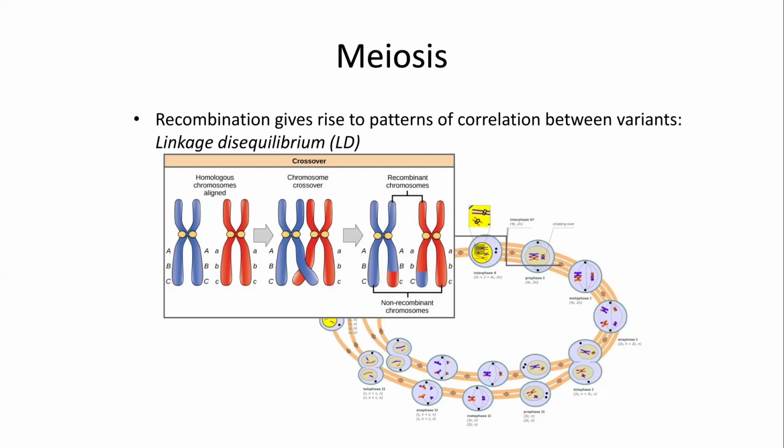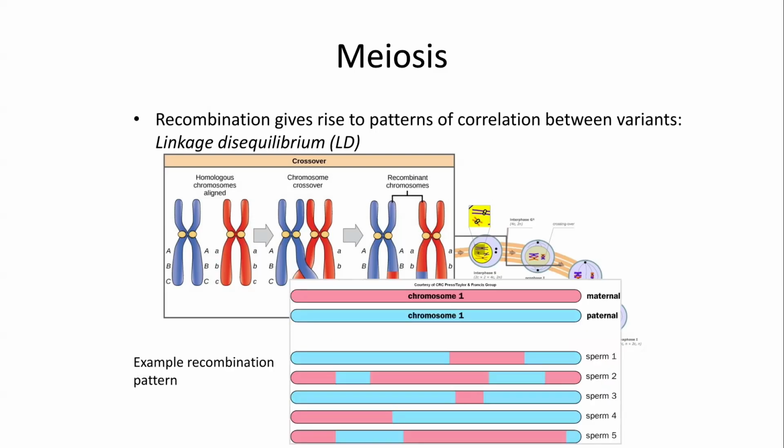And the term for this correlation is called linkage disequilibrium, LD. So if a variant has a high correlation, if it really gets inherited together, the LD is high. And if it's low, the correlation is also low. This is an example of a recombination pattern in sperm cells as a result of meiosis.